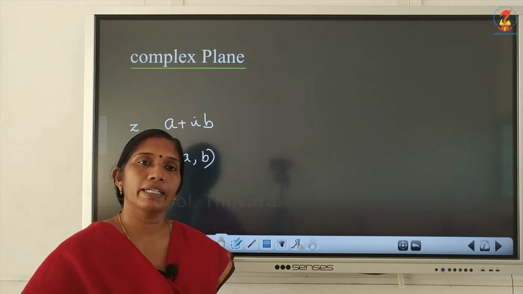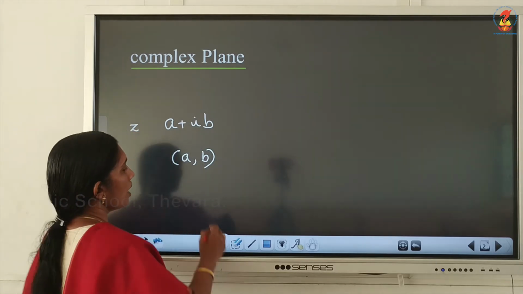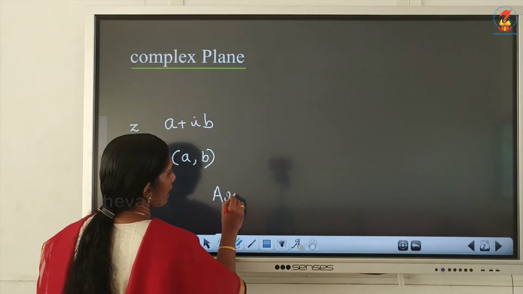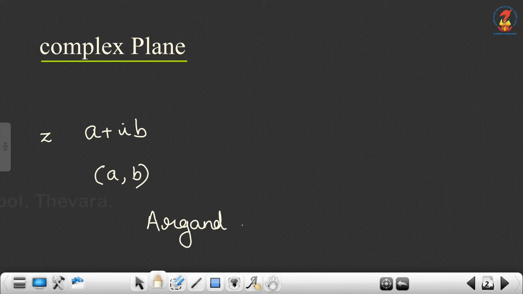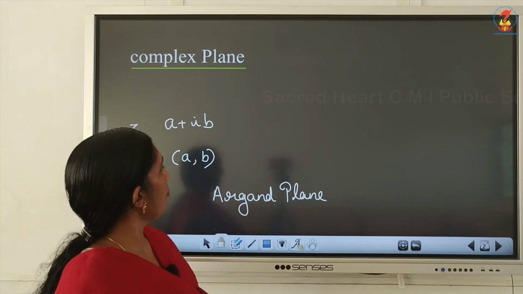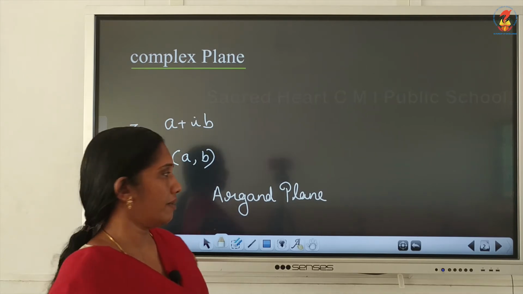Then that plane is known as complex plane, or another name is Argand plane. So complex plane or Argand plane means the plane having each of its points corresponding to a complex number of the form a plus ib.